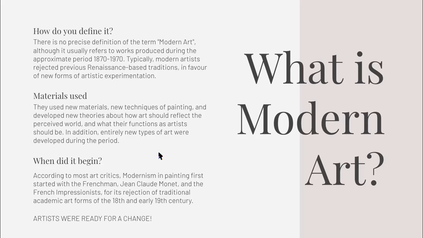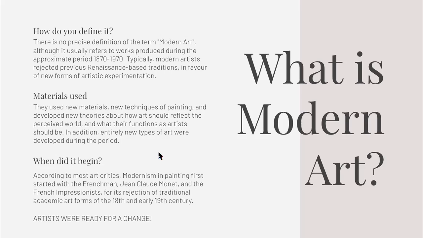Okay, so of course, with any new group of people or with any generation, there's always this deep need to move forward, to desire change or to implement change. Okay, so materials used. They used new materials, new techniques of painting, and developed new theories about how art should reflect the perceived world and what their functions as artists should be.